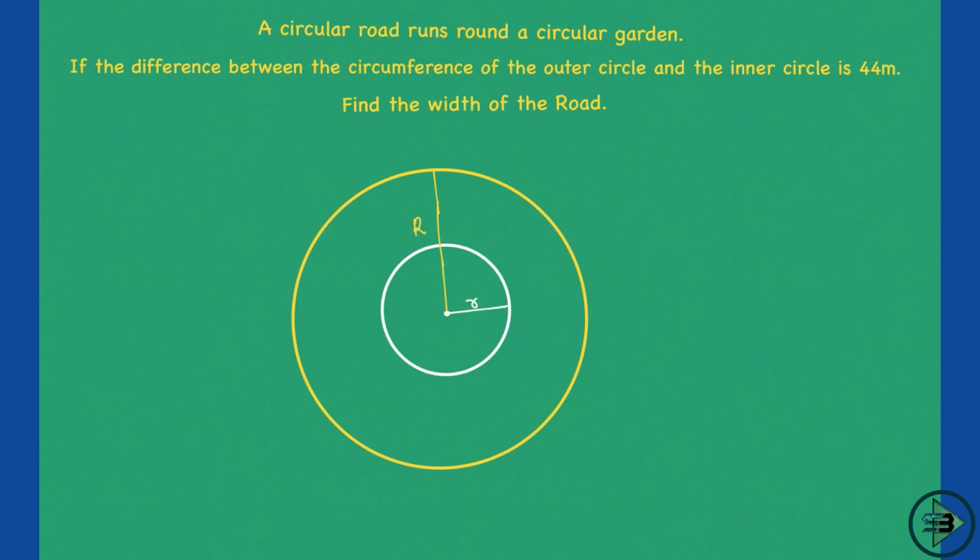Difference between the circumference of the outer and the inner, so I'll say 2 pi R outer minus 2 pi r, which is the inner, is given to me as 44.